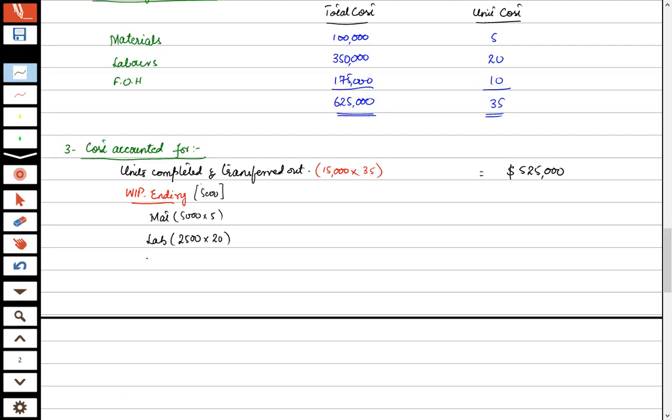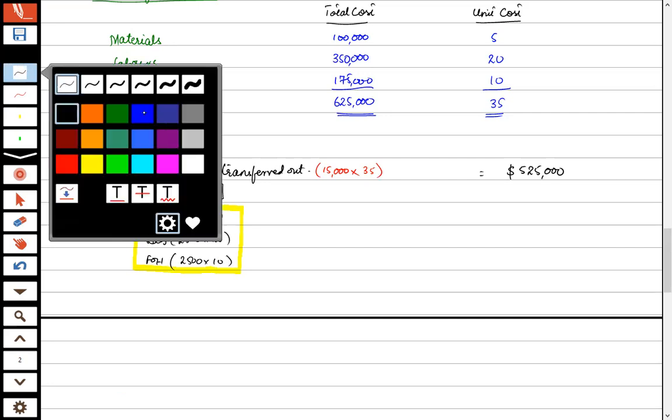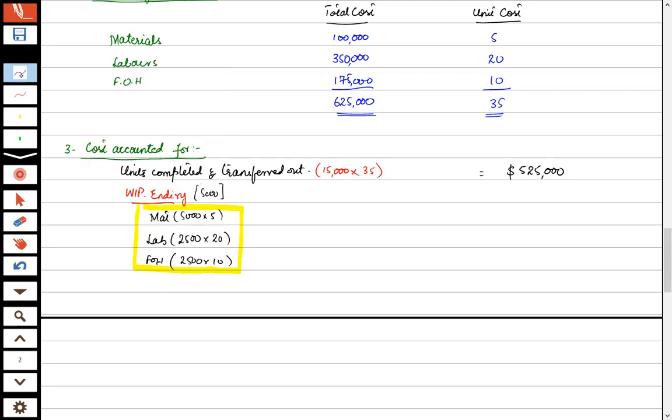And with respect to FOH, again 2,500 multiplied by 10. So this will form the total WIP ending cost. Now, you can calculate all of them directly, so let me know the total amount or individually. I am concerned with the total amount of WIP ending.